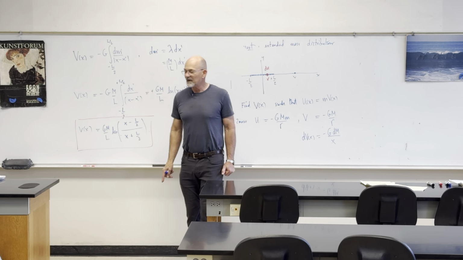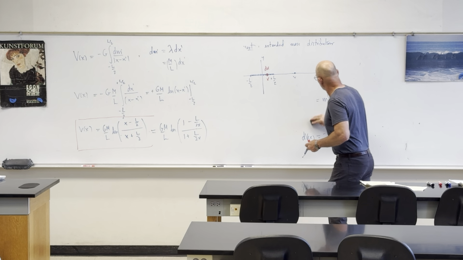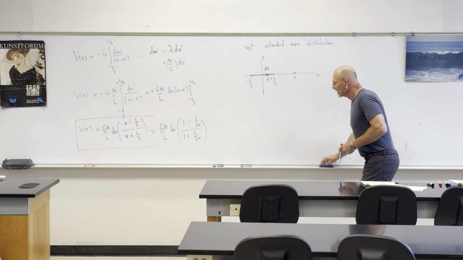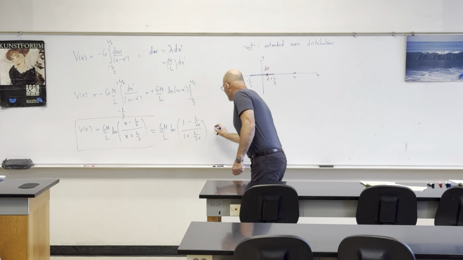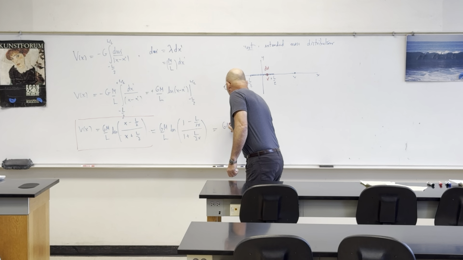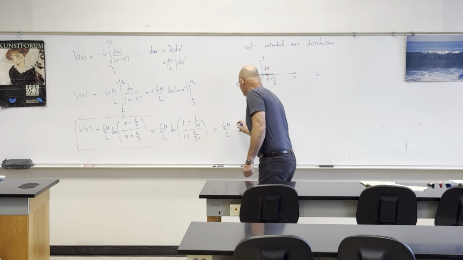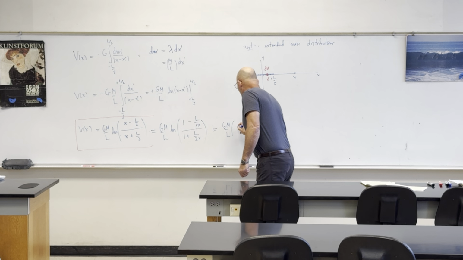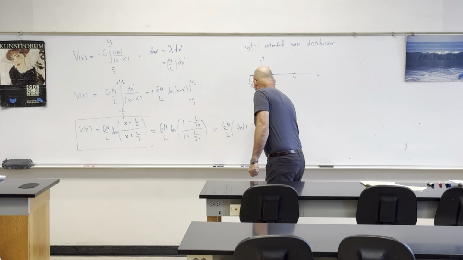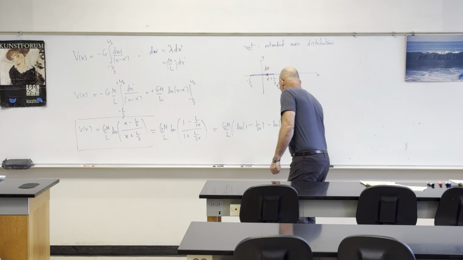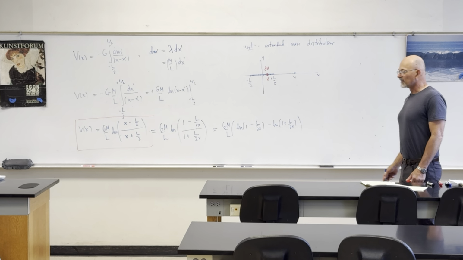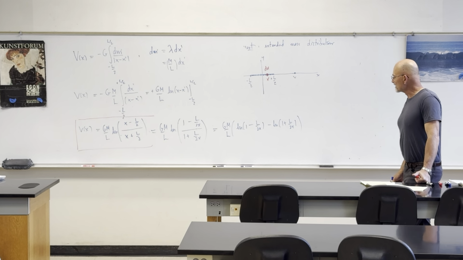Now, I'll go ahead and leave this picture up here. It's not bad. So we're still working with V of x. We've got GM over L times natural log 1 minus L over 2x minus natural log 1 plus L over 2x. So there's our grand result that we're actually going to be able to analyze.